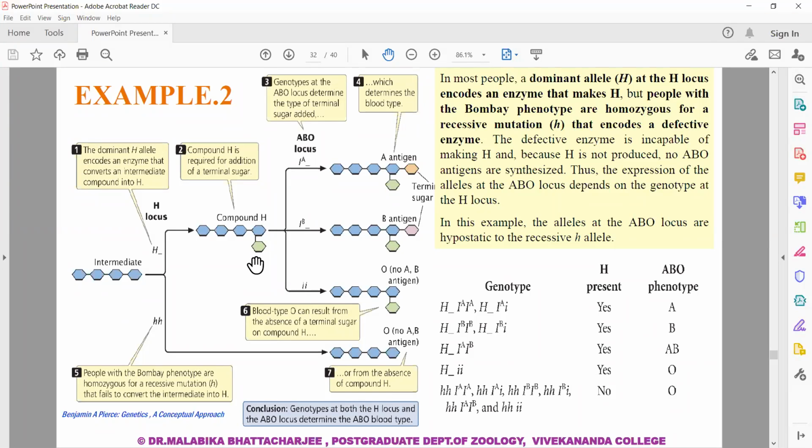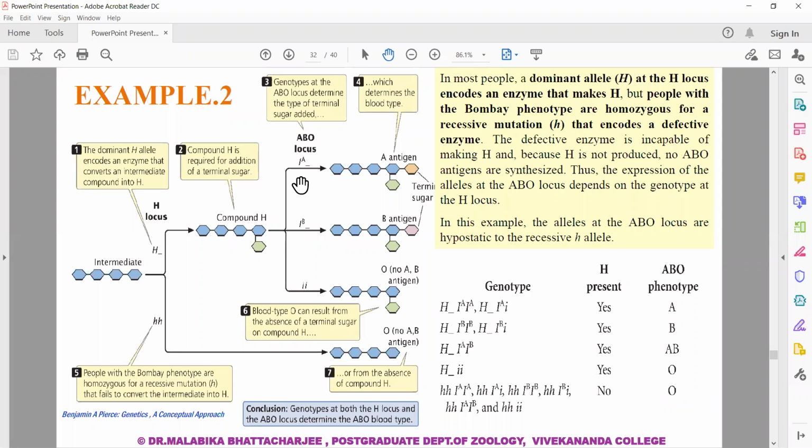And if we remember the blood group, there were two alleles, IA, IB, and there was an IO condition. So blood group fell under the multiple allele concept. Now if you remember what we did in the last class, I'm again recapitulating: IA is completely dominant to IO, IB is also completely dominant to IO, but IA and IB are codominant.